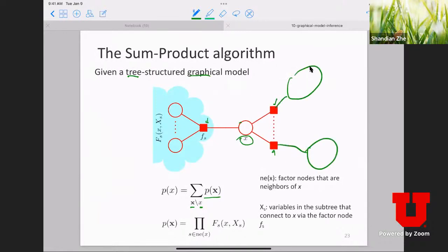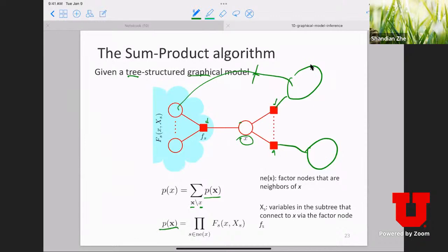Different subtrees may contain different sets of nodes and factors, and those different subtrees do not overlap. That's the tree structure property. If they overlapped, that would mean there is a path connecting these two subtrees, so there would be a cycle. So there won't be any overlapping across different subtrees.